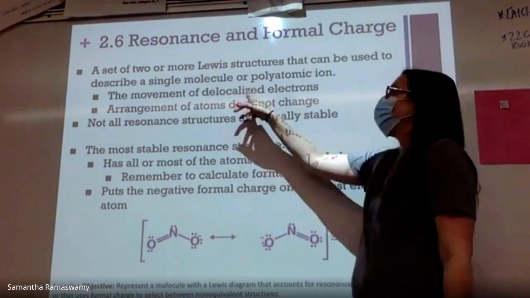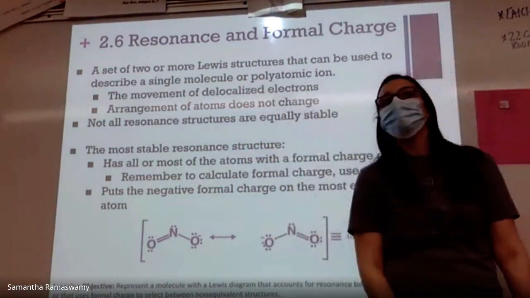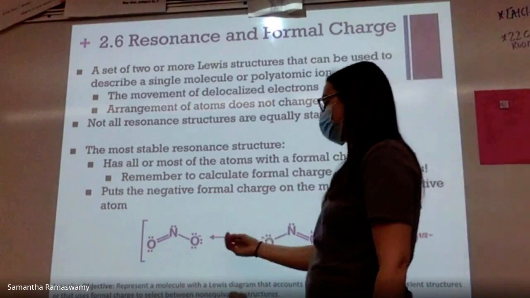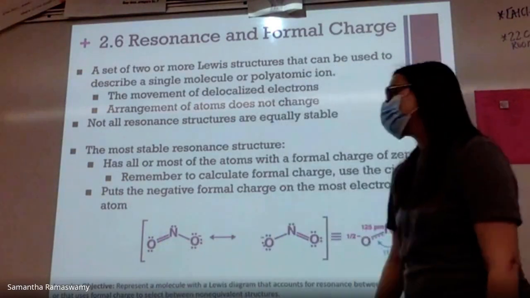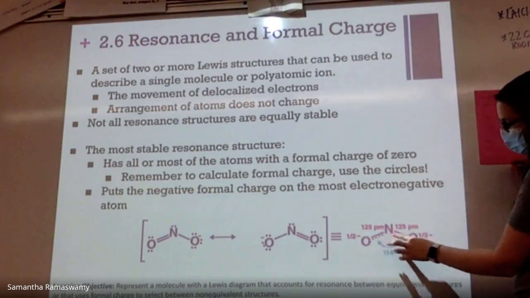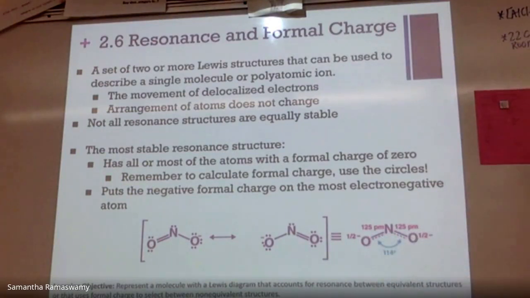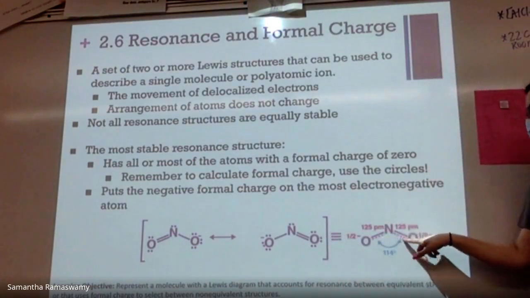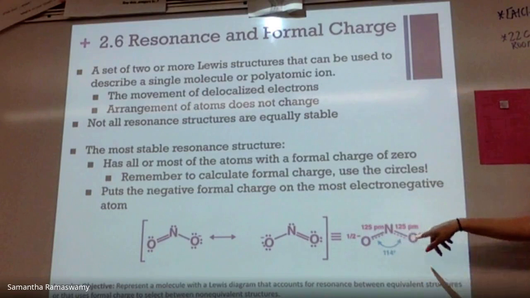However, we have this term delocalized. You have delocalized electrons. The electrons could potentially move between the atoms. So we could have a double bond on one side, or we could have a double bond on the other. Another way to represent it is with the dotted line. Because we have this resonance, this actually creates equal bond lengths.